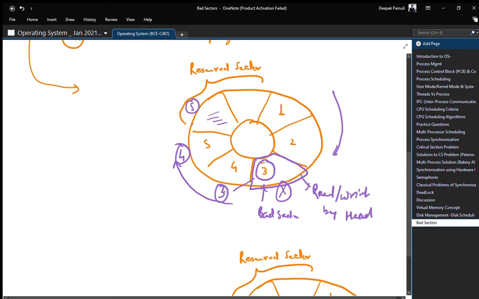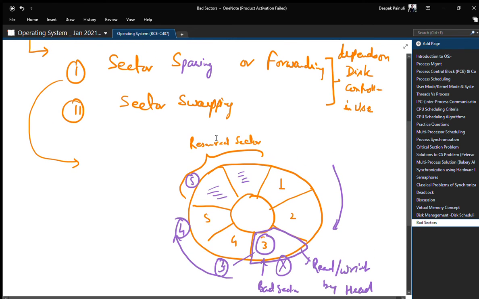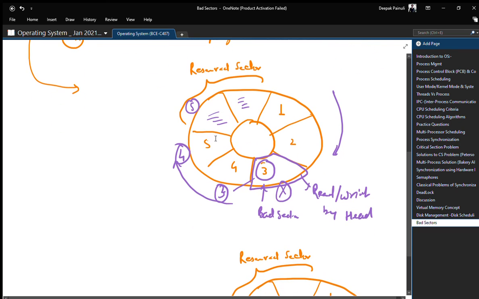We have our disk where 5 sectors are defined and 2 sectors are reserved for future use, right? For managing the bad sector, by using the technique of sector sparing or forwarding, we will unindex our sector number 3 and change the index number of all the consecutive sectors, in increasing order of direction, right?